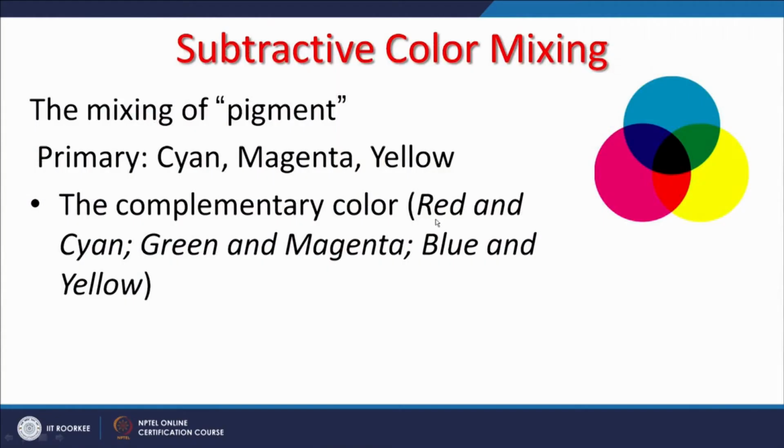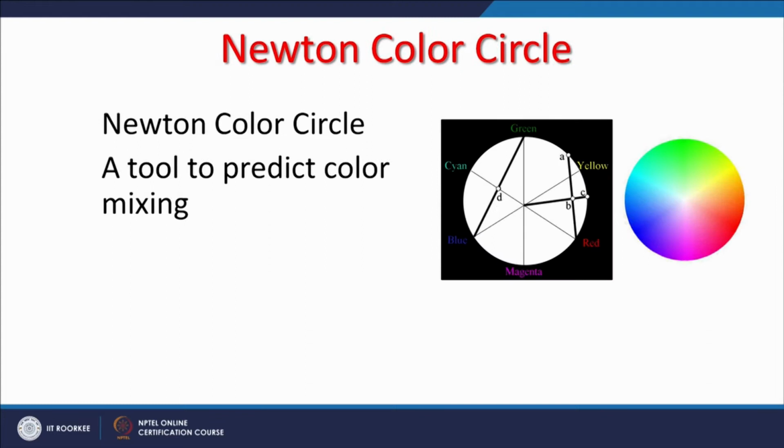The complementary colors like red and cyan, green and magenta, and blue and yellow are all shown here. And again, when you mix all these, like in the additive color scheme where you get white in the center, here you get black in the center. There are other ways of representing color space, and one way is the Newton color cycle.